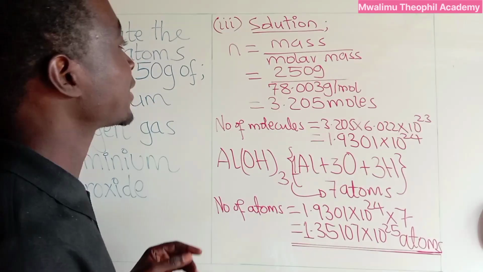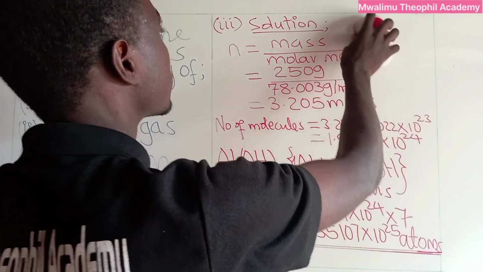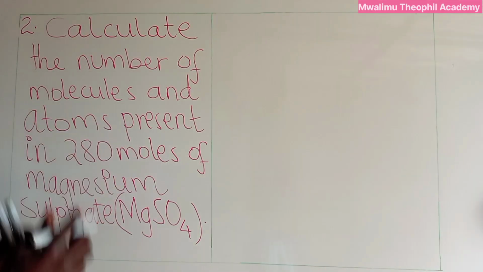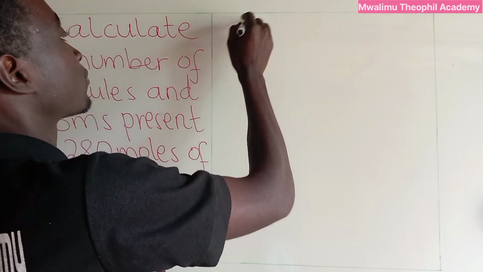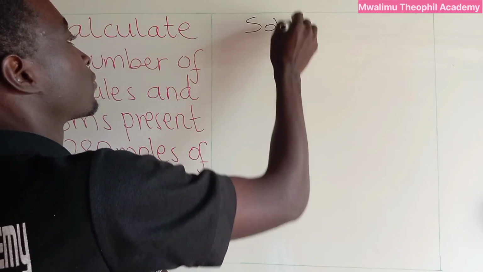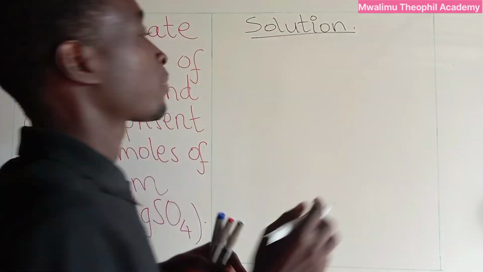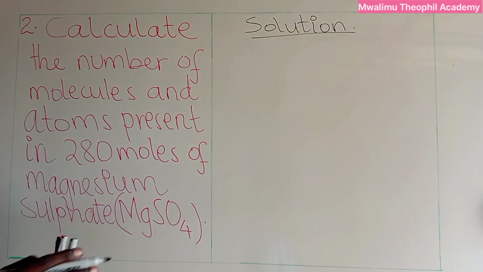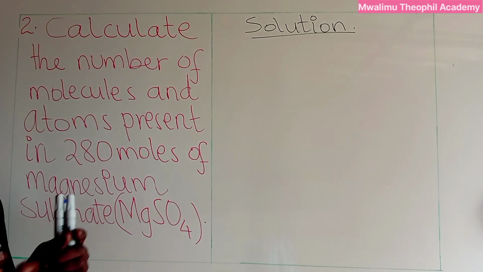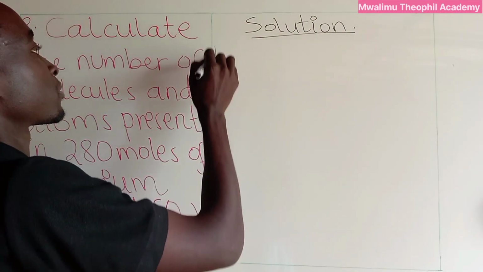After this, let us go to our second example. Now, let us see the solution for this question. As magnesium sulfate is a molecular substance, we should start by finding the number of molecules before the number of atoms.